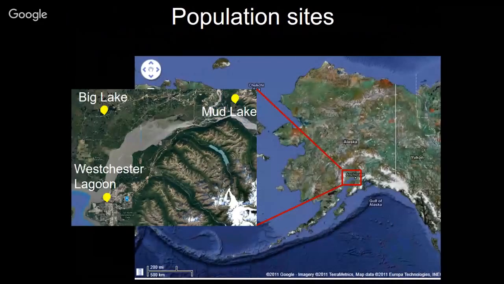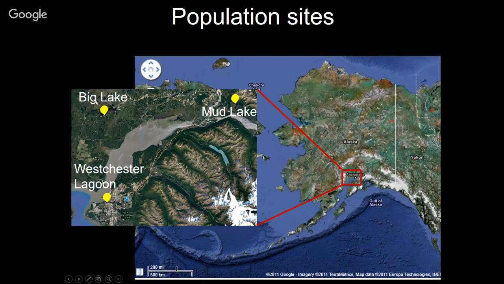So we went out to a couple of different populations: Big Lake, Mud Lake, and Westchester Lagoon. Mud Lake has anadromous fish in it. Even though it's a freshwater lake, it has anadromous fish that come in from the ocean, lay their eggs in the freshwater Mud Lake, and then go back out to the ocean.